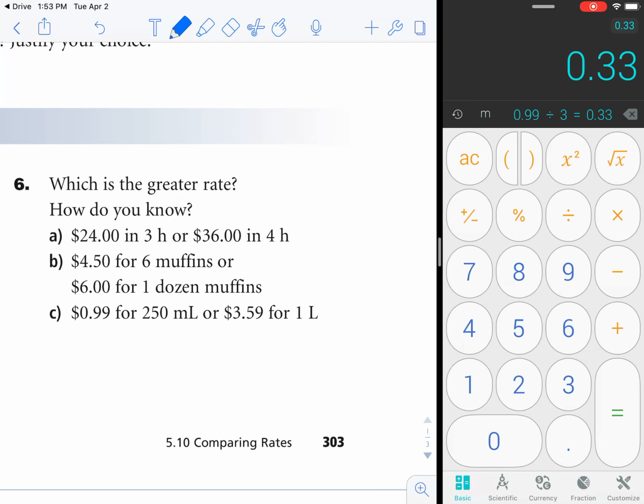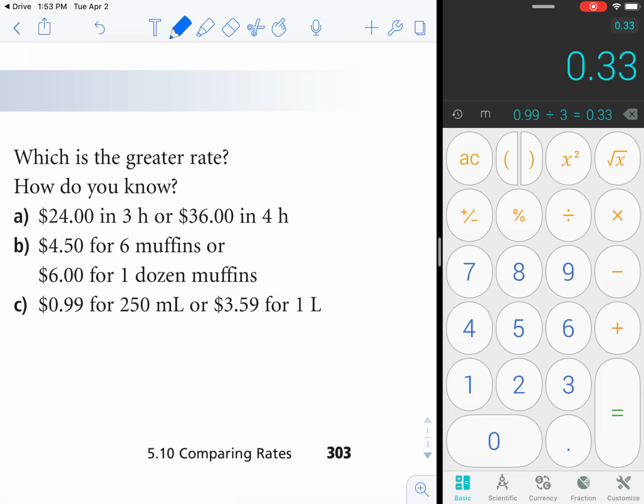Number 6, what's the greater rate? How do you know? So rates, you're always doing dollars divided by time, or distance divided by time, or money divided by amount.